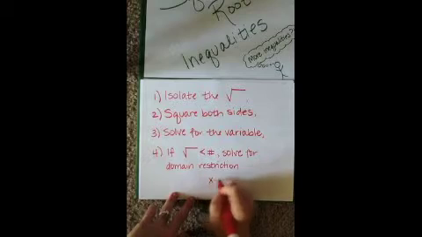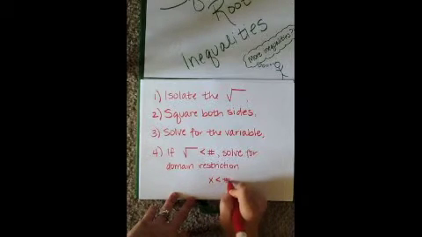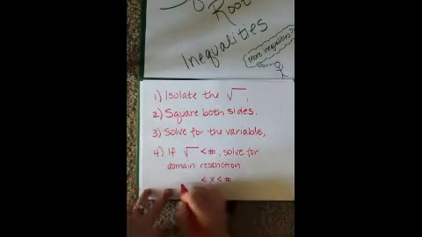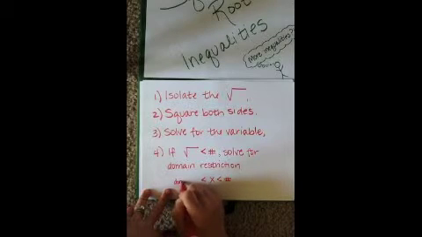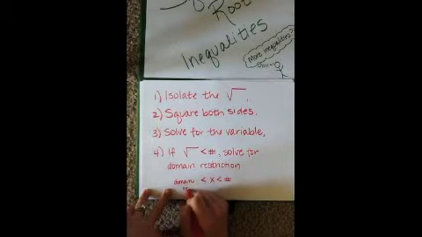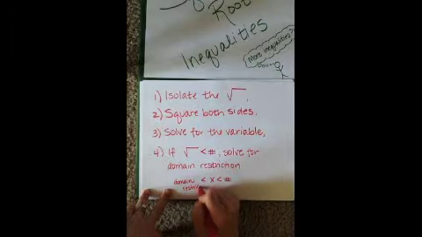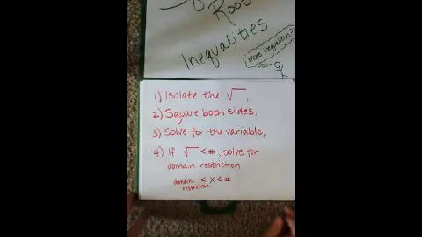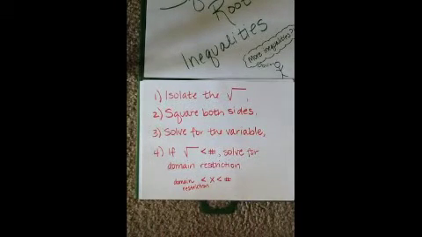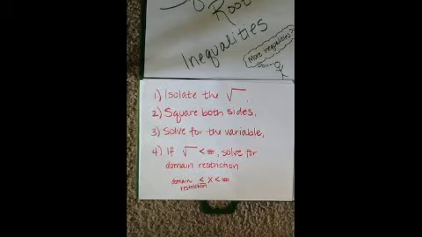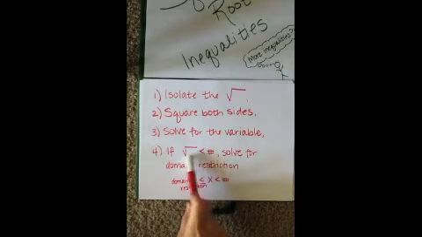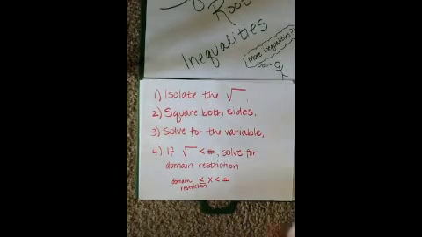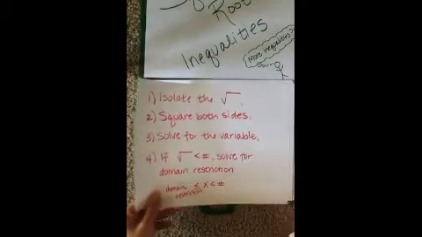So you'll end up having something like this. And obviously this could be equal to, or it could just be less than. Okay? That's only if a square root is less than a number. Let's look at a couple of special cases.